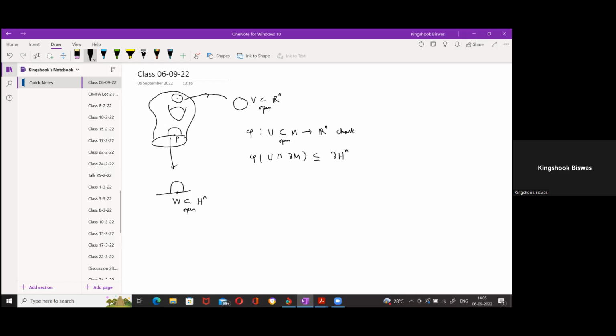And boundary Hn can be identified with R n minus 1, right?